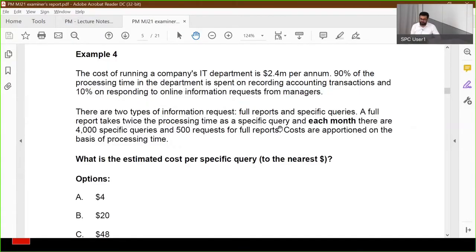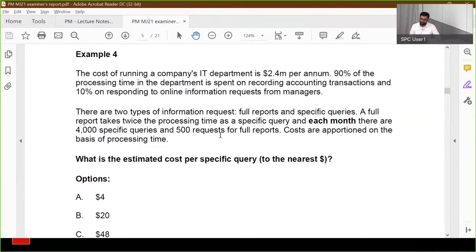Then they are saying that out of the total requests, full reports and specific queries, the full report takes twice the processing time as a specific query. So if you have 4,000 specific queries and 500 requests for full reports, then the full reports are taking twice as much time as the specific queries. So we have to multiply by 2 to get the total number of requests, and then we can calculate the cost per specific query.